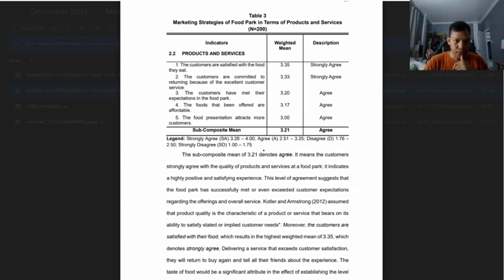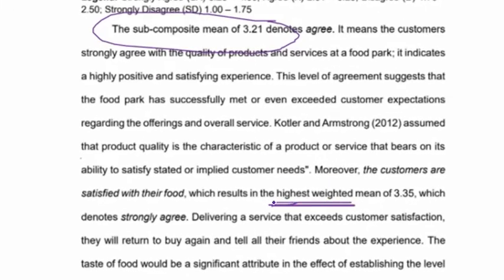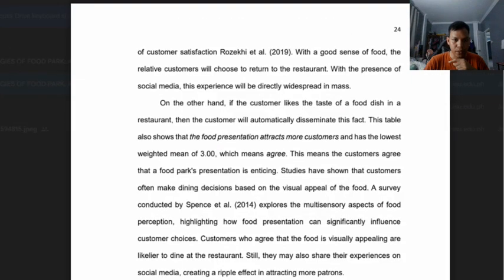So this one is the subcomposite mean, and this is the second one, the highest weighted mean of 3.35. And then the last one is the lowest weighted mean.